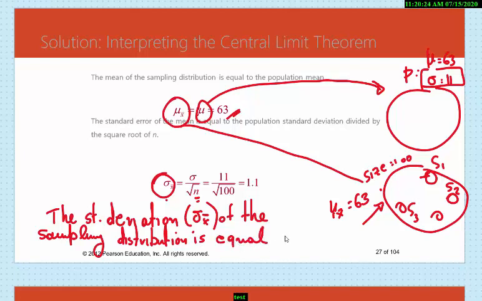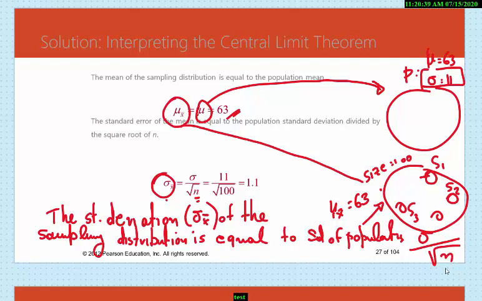To the standard deviation of the population, which is sigma, divided by the square root of the size of the sample.